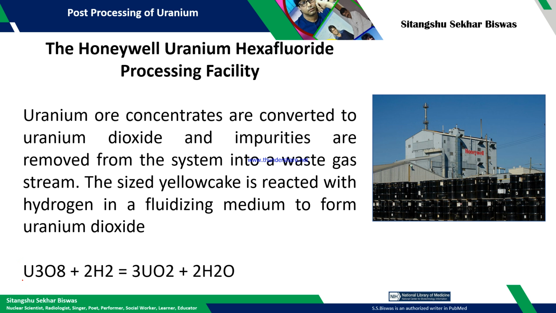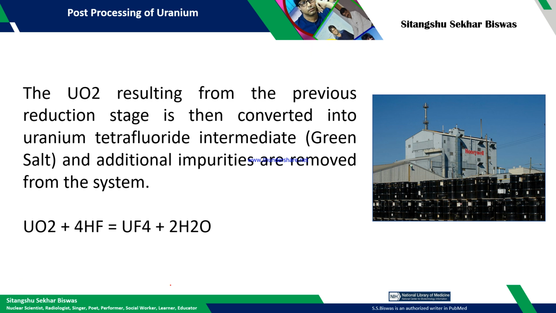So here you see, this is the yellow cake. It is reacted with hydrogen, and it will generate uranium dioxide. Then this uranium dioxide will be reacted with hydrogen fluoride or hydrofluoric acid, and it will be converted to uranium tetrafluoride, which is called green salt.